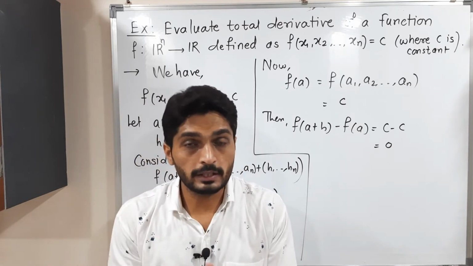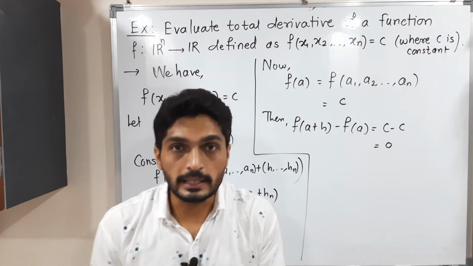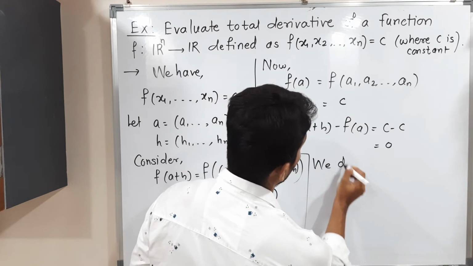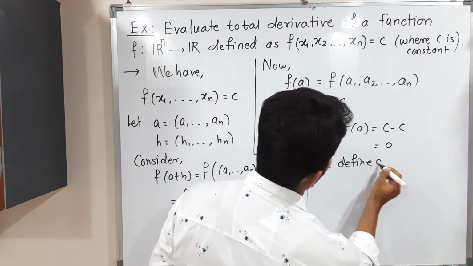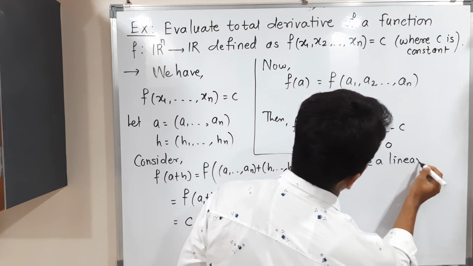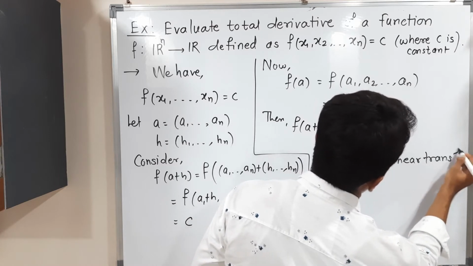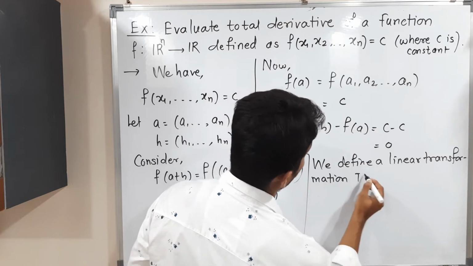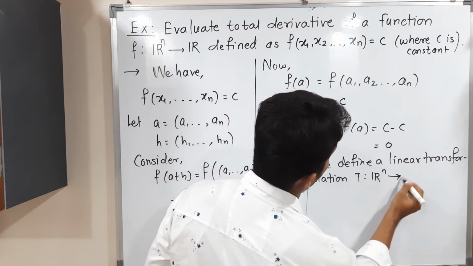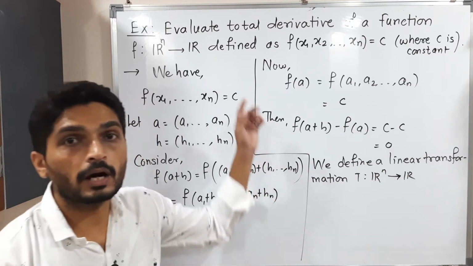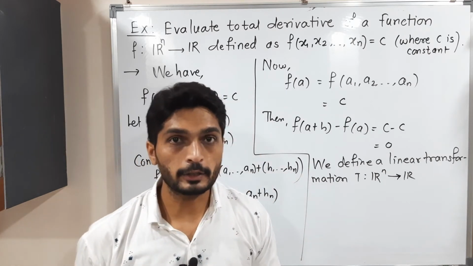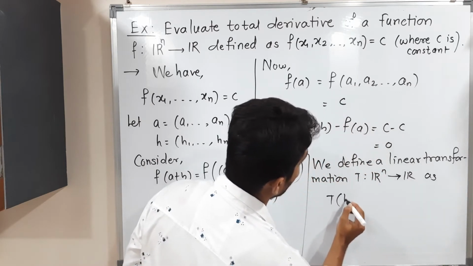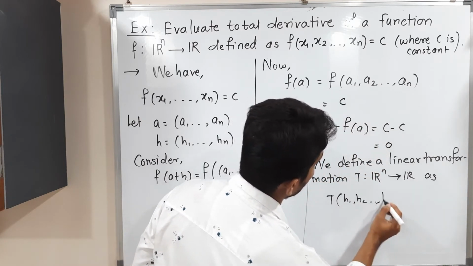With the help of the difference between them, we need to define the linear transformation. Let us do it. We define a linear transformation T from Rn to R. T should be from Rn to R since the function is also from Rn to R. We define T of H1, H2 and so on Hn.